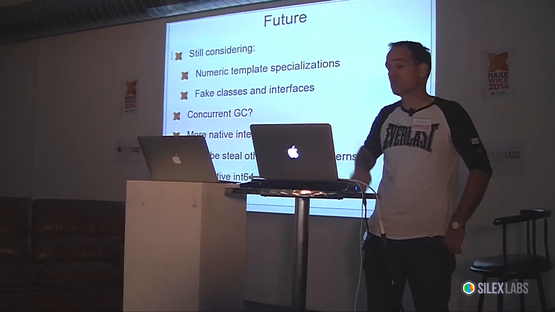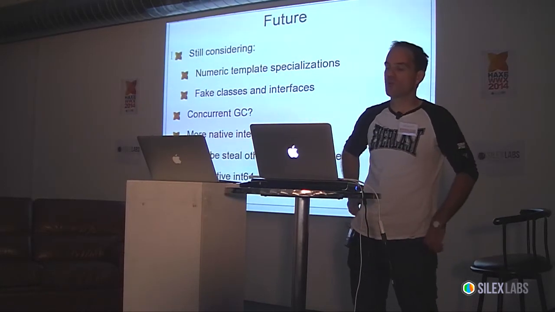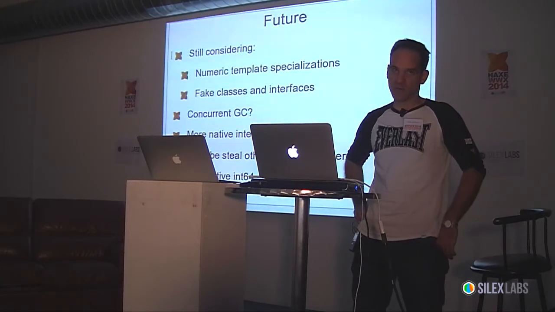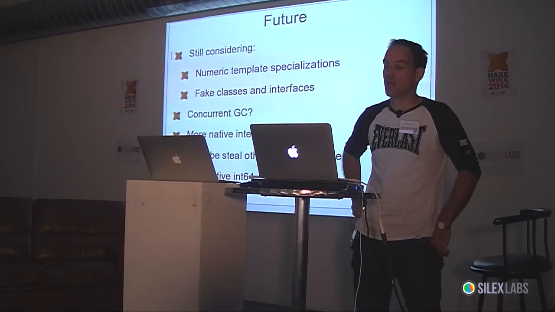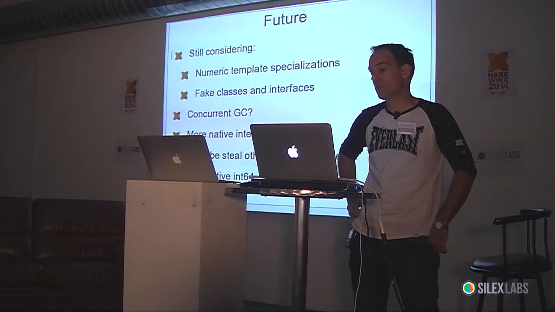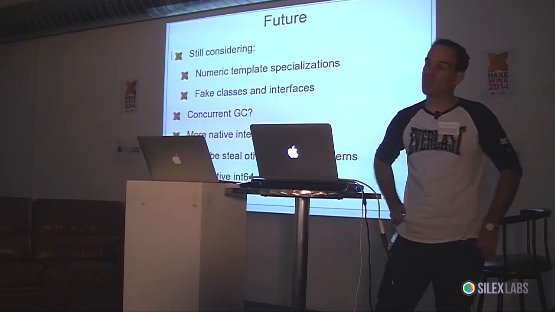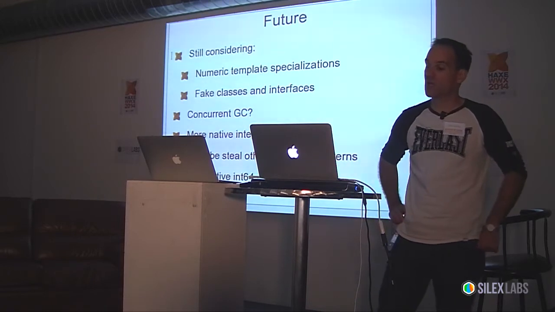And probably some more native integration as ideas come up or as people start to use some of this stuff and have ideas of their own. One way might be to steal other languages' extern definitions. There's plenty of scripting languages out there that have some pretty impressive libraries.